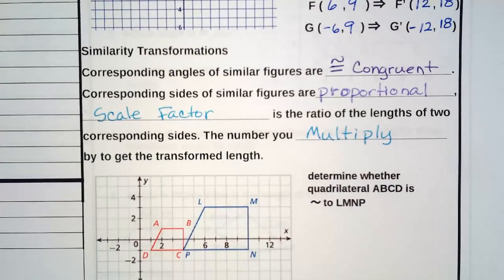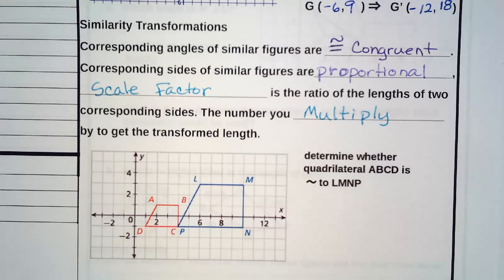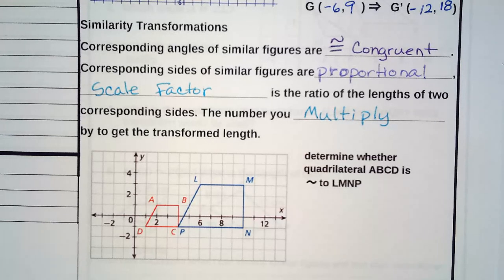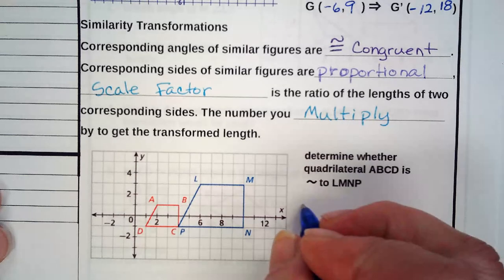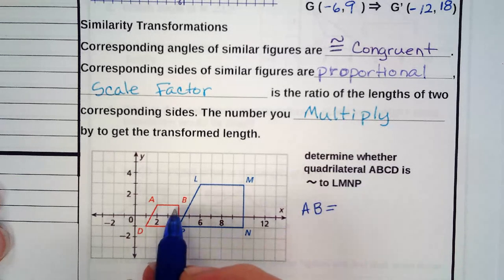Okay, now, determine whether quadrilateral ABCD is similar to LMNP. So how will we do that? Well, let's look at the corresponding sides. If I'm looking at side AB, it is 2.